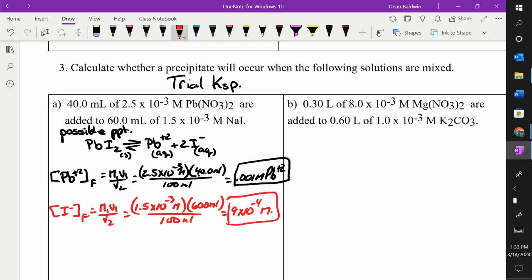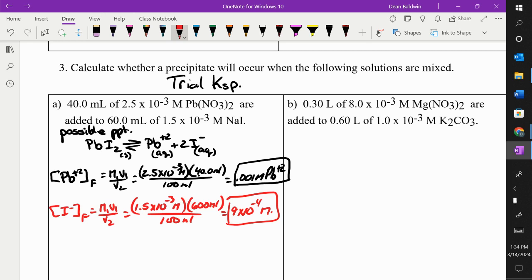Now, a lot of you are going to be tempted to multiply this by 2. Do not multiply it by 2. And this is important. Why not? Because that's the same concentration. This is the concentration of iodine, and that came from this. It has nothing to do with this reaction right now. This is going to be our KSP reaction. Okay?